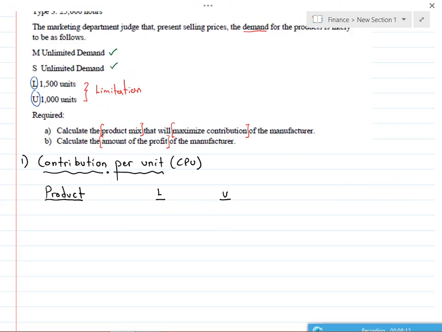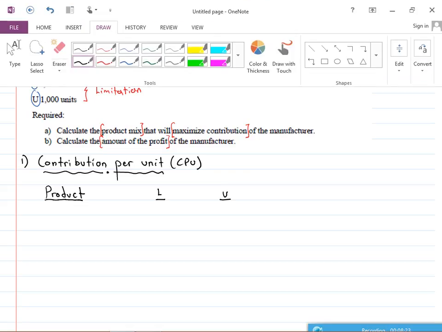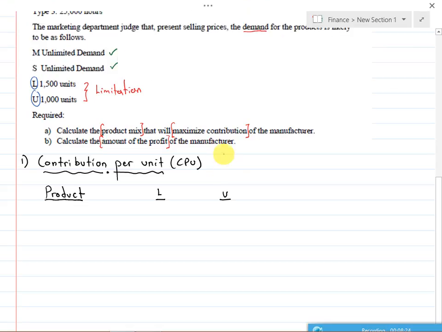Now, what is the first item in contribution per unit? How do you calculate contribution per unit? What is the formula? Selling price minus variable cost.